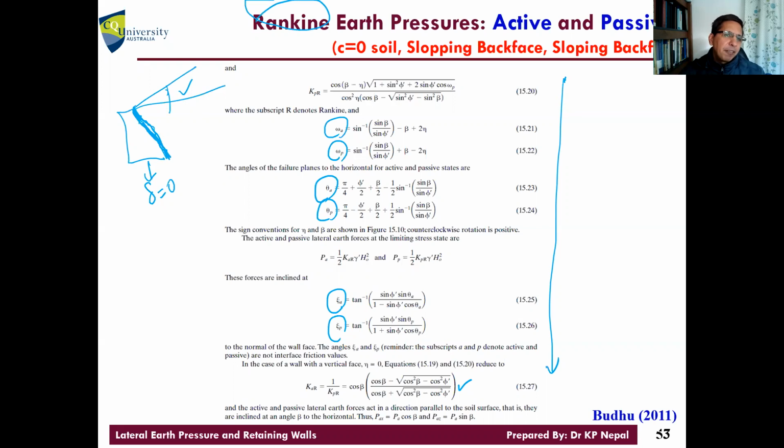But if there is friction between wall and soil, now we need to move on to Coulomb's theory. You understand the difference between these two big theories, right? Rankine's theory is used only when there is no friction between wall and soil. But if there is friction between wall and soil, we need to use Coulomb's theory.